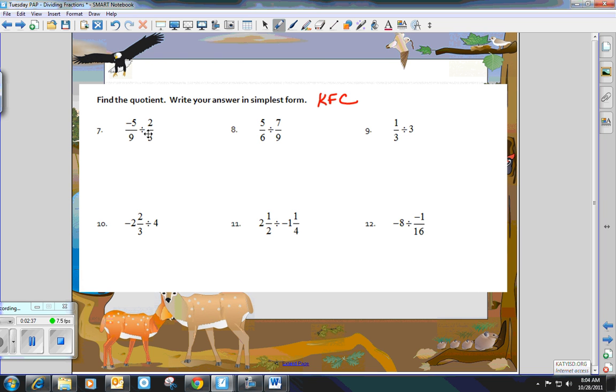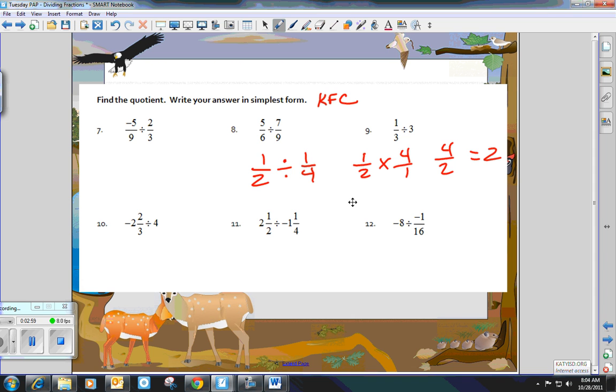Okay, so let's just do an example of that. 1/2 divided by 1/4 again. Okay, we know that if we keep the first one, we flip the second one, and we multiply, 4/2 equals 2.